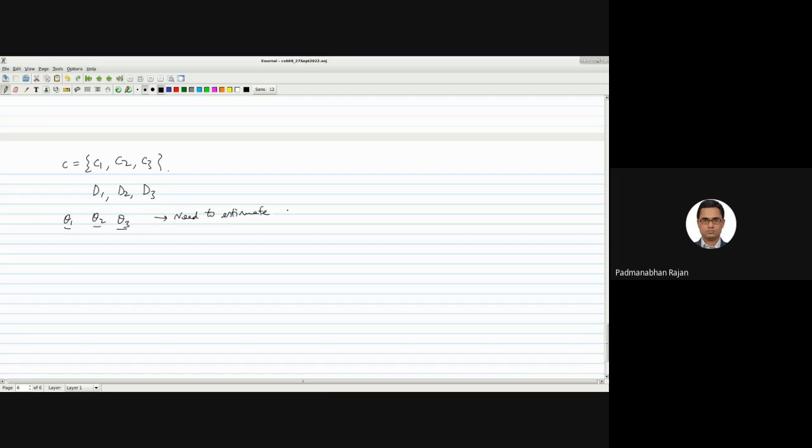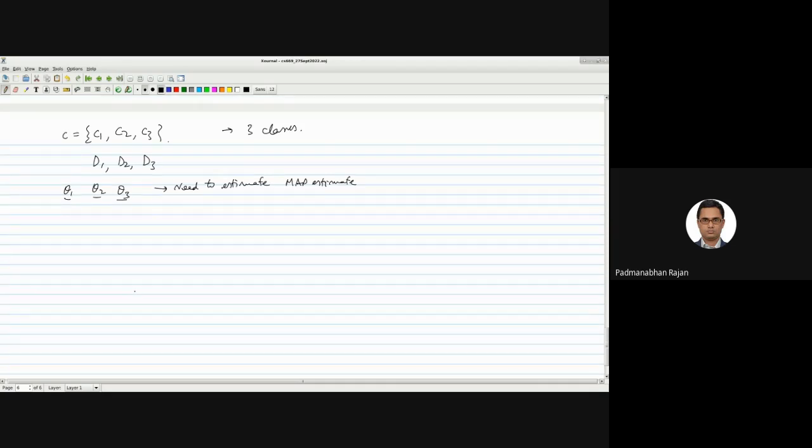Let's say we want to estimate the MAP estimates of these parameters of the 3 classes. So one way to use a MAP estimate is to make a big data set D, which is the union of D1, union D2, union D3.